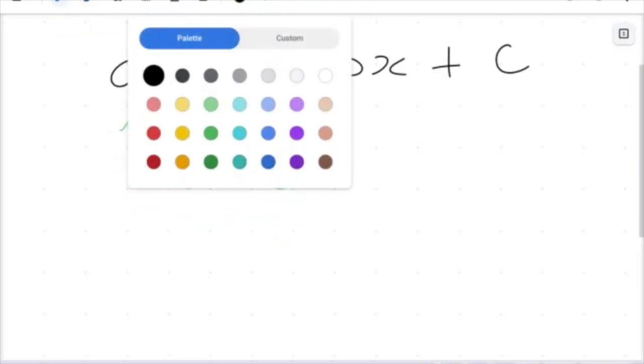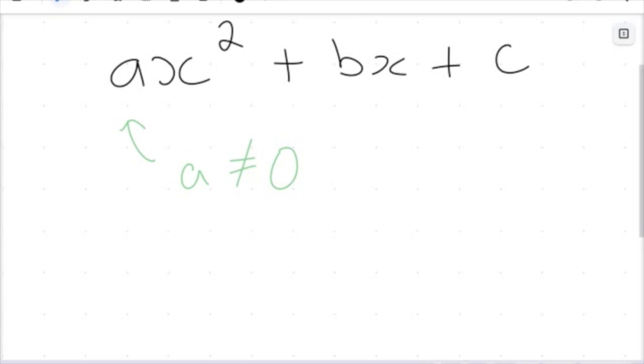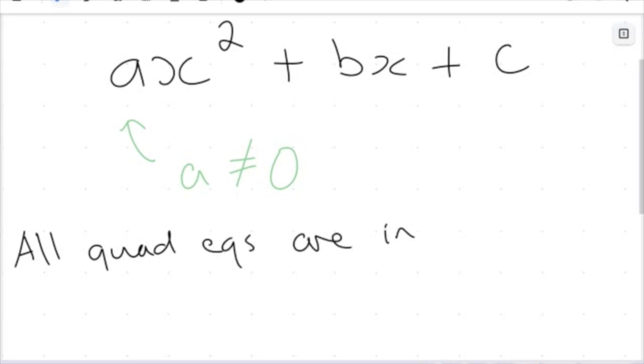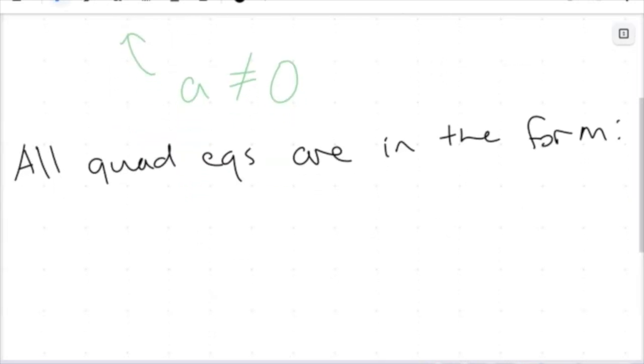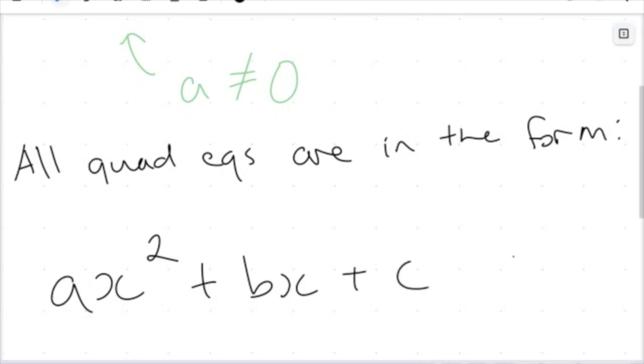In fact, they are almost identical, but all quadratic equations are in the form ax squared plus bx plus c equals 0.